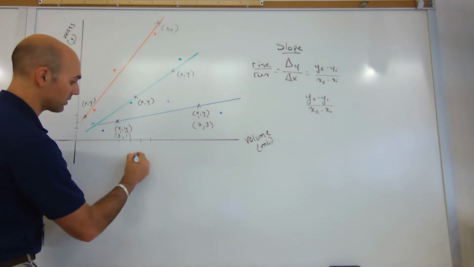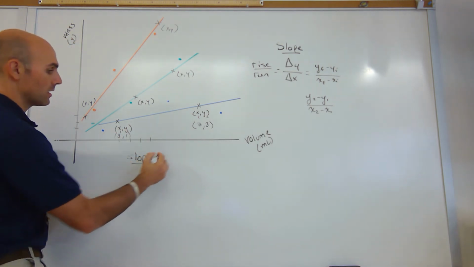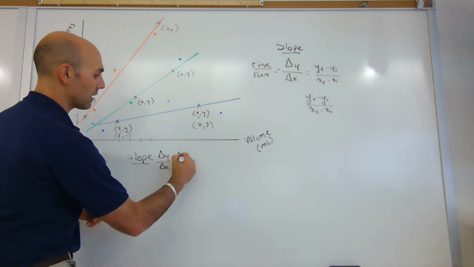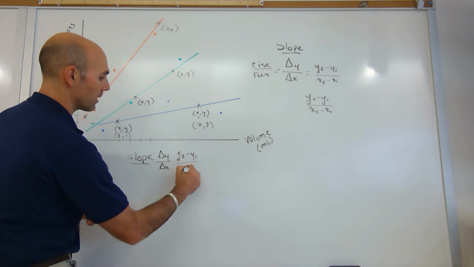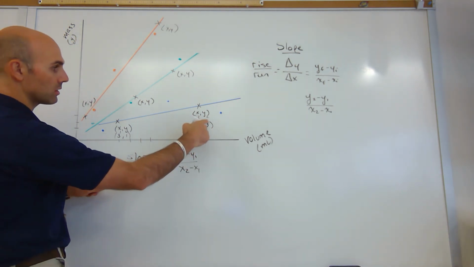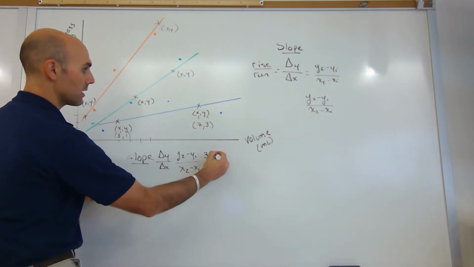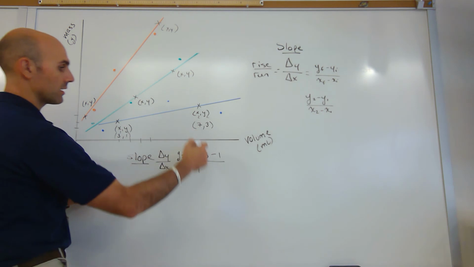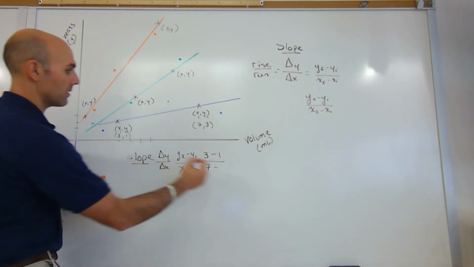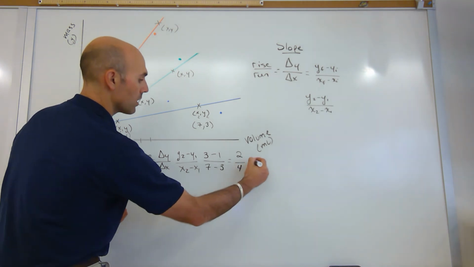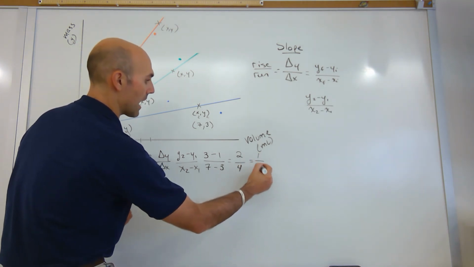So if we were to find the slope, we would take the change in y over the change in x. We would take y2 minus y1 over x2 minus x1. So that would be 3 minus 1 over 7 minus 3. So that would be 2 over 4, which would be 1/2.